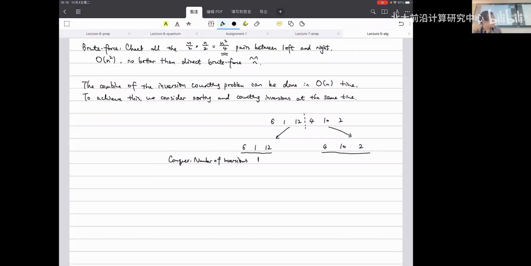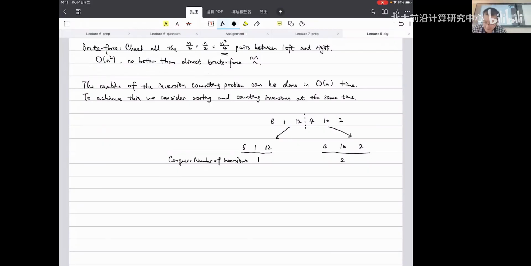For the second part, 4, 10, 2, the number of inversions is 2, because we have the pairs 4 and 2, and 10 and 2. If we only have this, it is probably not very helpful enough.